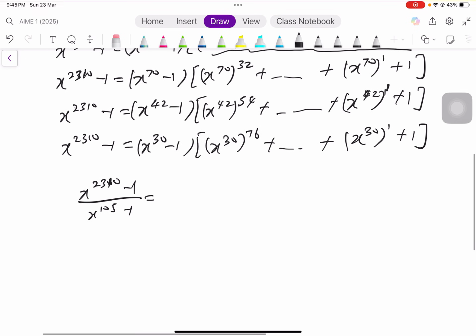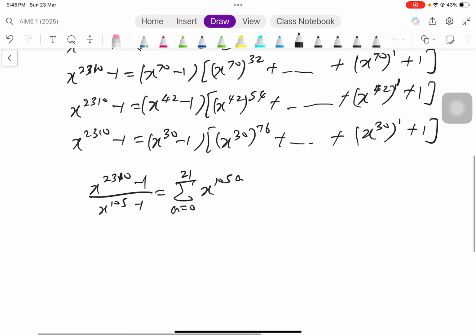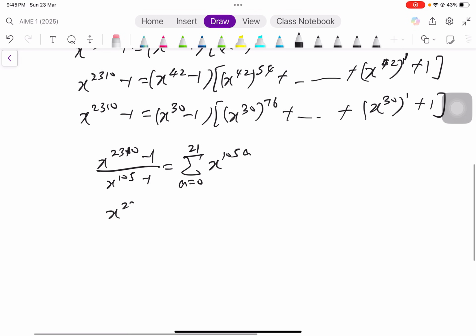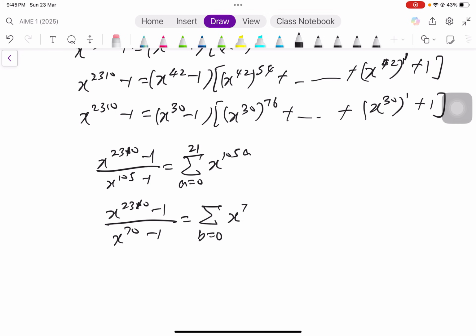It is the summation of a from 0 to 21 of x^(105a). And then (x^2310 - 1) over (x^70 - 1) is actually the summation of b from 0 to 32 of x^(70b).